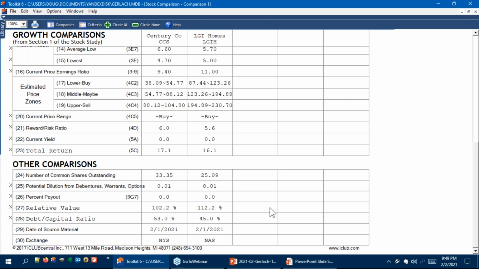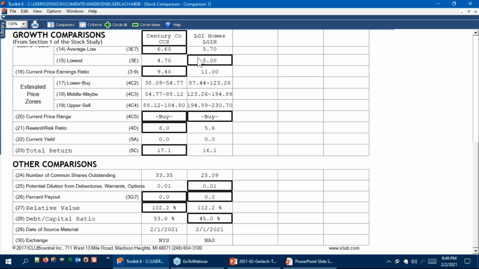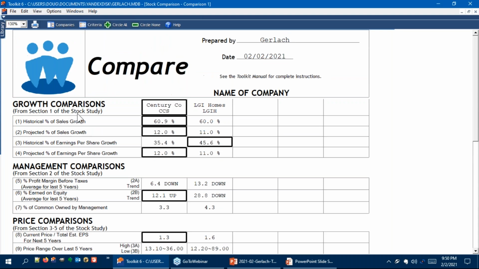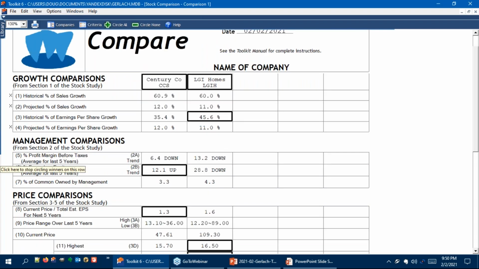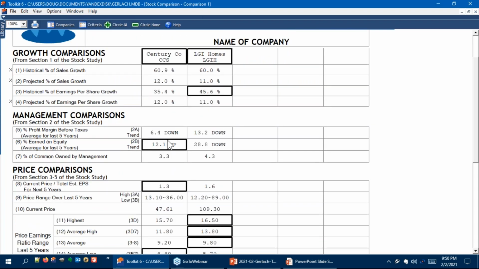So when you go through it, if we say circle all, here we have Century Communities being selected as the winner. If we move our mouse over, we can turn off those values that we think are too close to call a winner for. You can see that Toolkit calls the return on equity uptrend more desirable than a 28.8% downtrend.